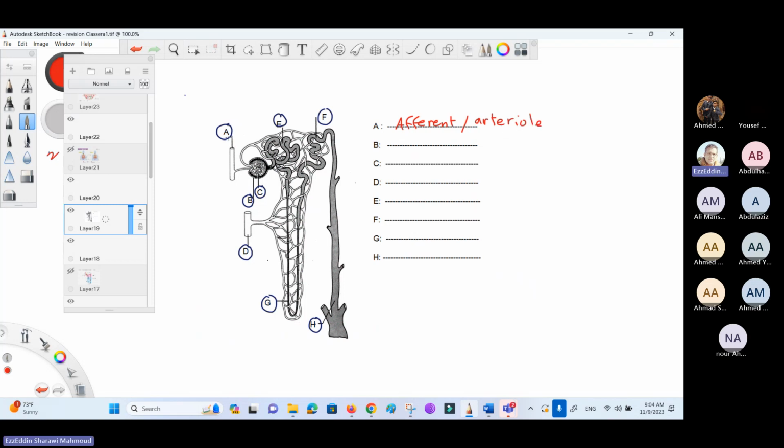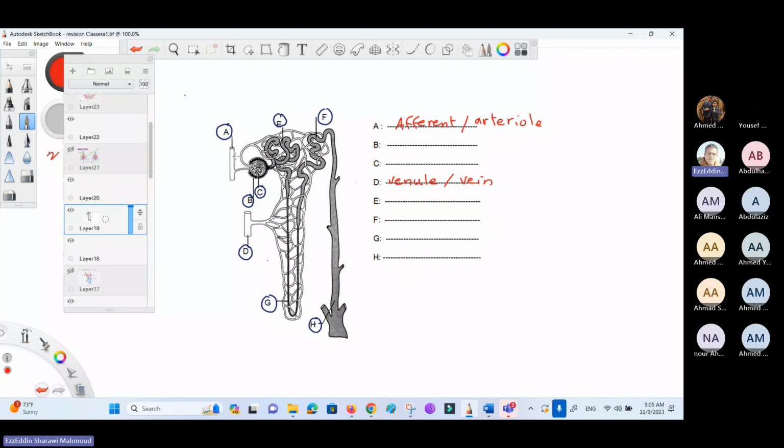Okay. The opposite of it is D. D here is efferent, or you can say that the opposite of arteriole is venule, or you can say vein.